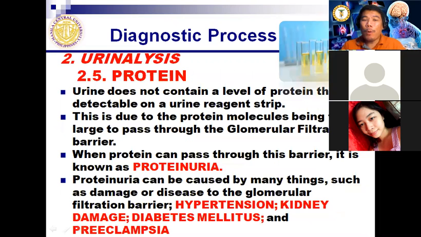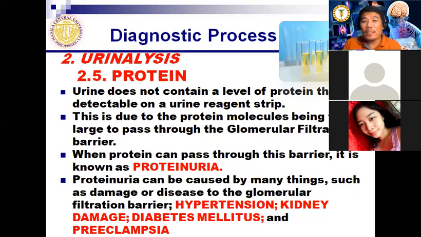Next, how about protein? Protein and ketones as well. Proteins and ketones are related with each other. Urine does not contain detectable levels of protein, the same as for the ketones.